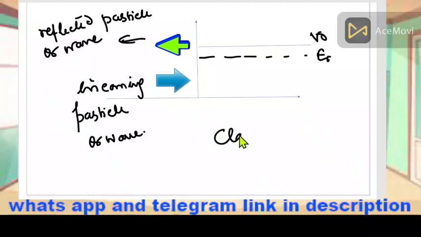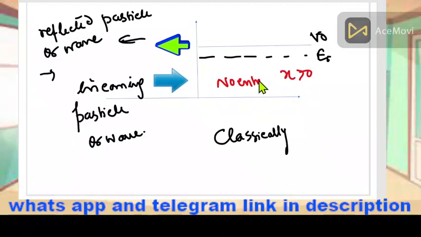Now this is the classical picture. The classical picture says that the particle will approach from the left hand side. It will come in contact with the potential step. Instantaneously, or in a very small time, it will stop and get reflected back from the potential. So classically the x greater than 0 region is a no entry region. Here the particle cannot enter.